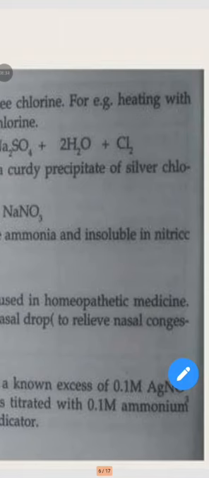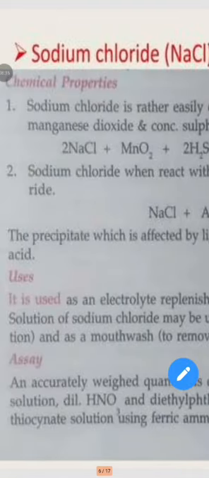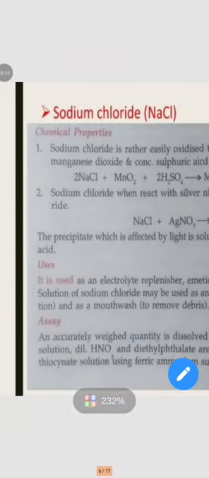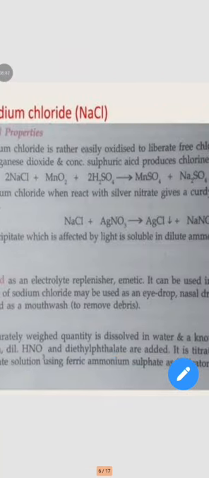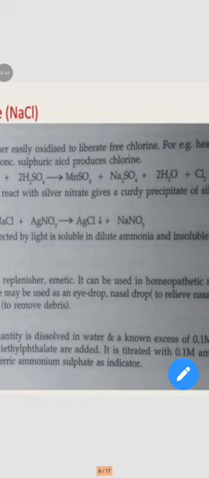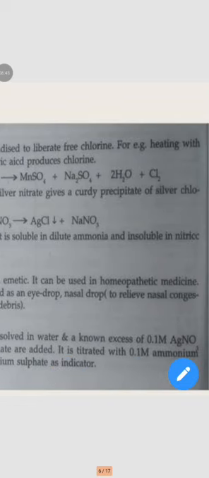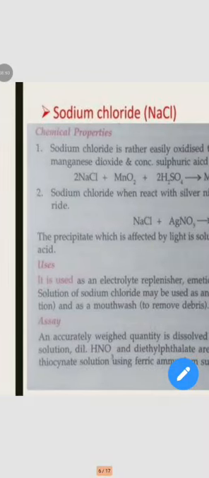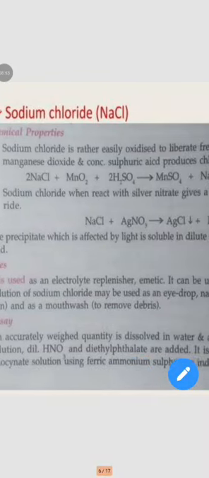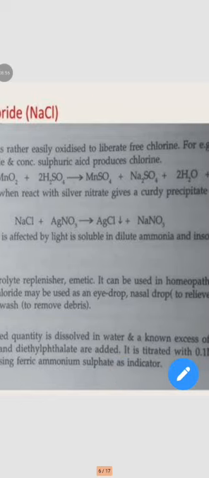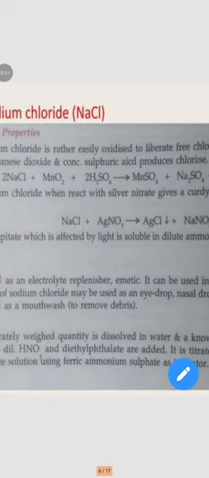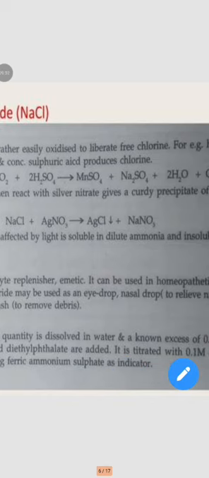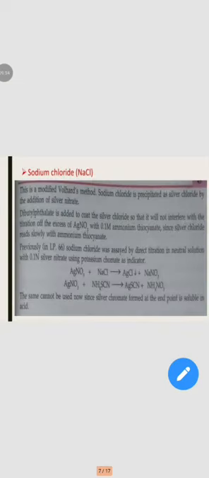It is titrated with 0.1 molar ammonium thiocyanate solution, using ferric ammonium sulfate as an indicator.